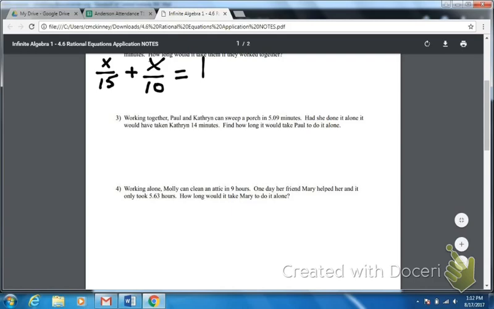So we could use 30 because that would be the smallest number. But I don't know how you got 30. Remember, you could do both of them times 10 and both of them times 15, which basically just multiplies them times the one that they're missing, right? So what would you guys prefer we multiply this by? 10 and 15, just keep it simple so you can use that rule every single time.